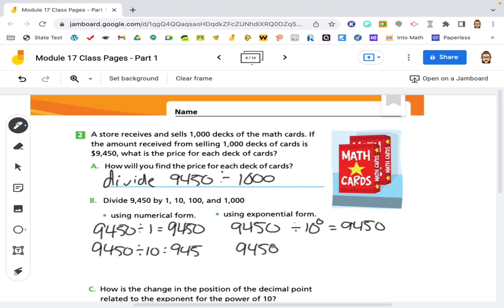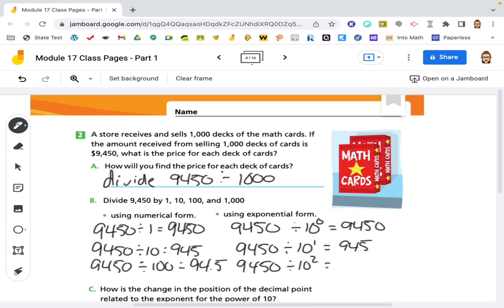That would be the same thing as dividing by 10 to the first power. We have 9,450 divided by 100. Remember, we're moving our decimal point 2 places to the left, and our decimal point in a whole number starts at the very end, so we're going to end up with 94 and 5/10. That's the same thing as dividing by 10 to the second power.